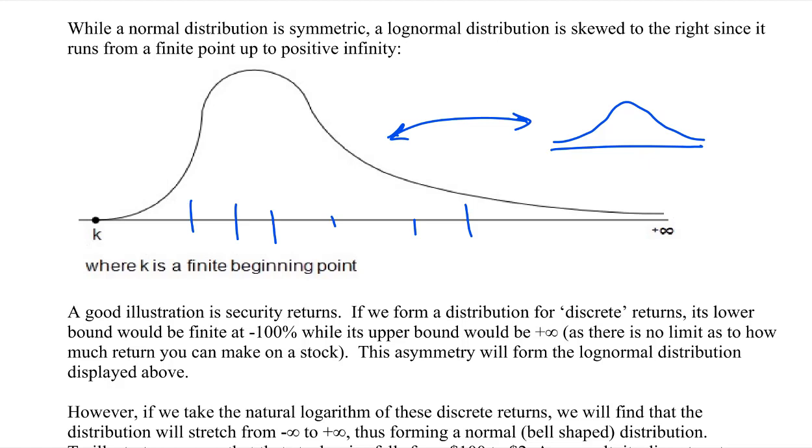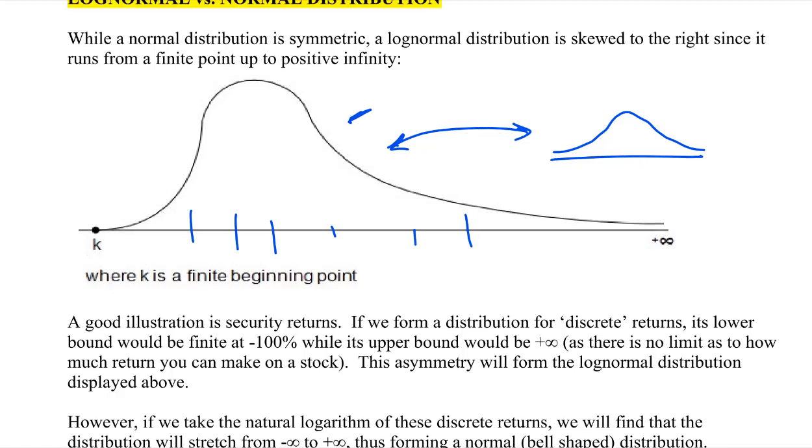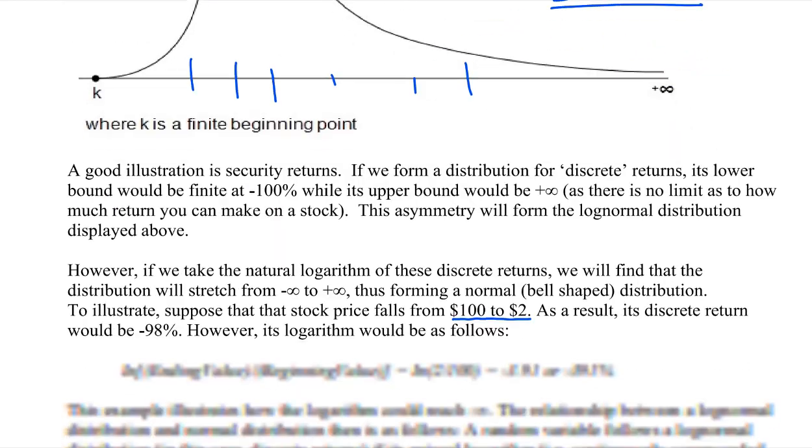If you take the logarithm of this, it'll be normally distributed. On the other hand, if the natural logarithm of a random variable is normally distributed, then you know that the random variable itself would have a log normal distribution.